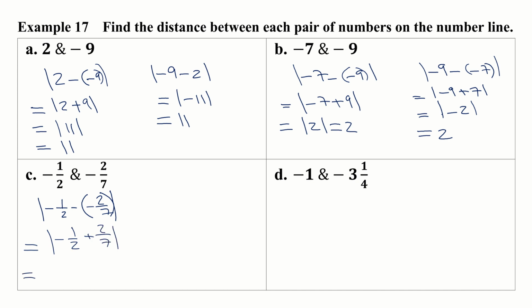Common denominator is 14. So I need to multiply this by 7, so I have to do the same on the top. I need to multiply the 7 by 2, same on the top. So the numerators now become negative 7 and 4.